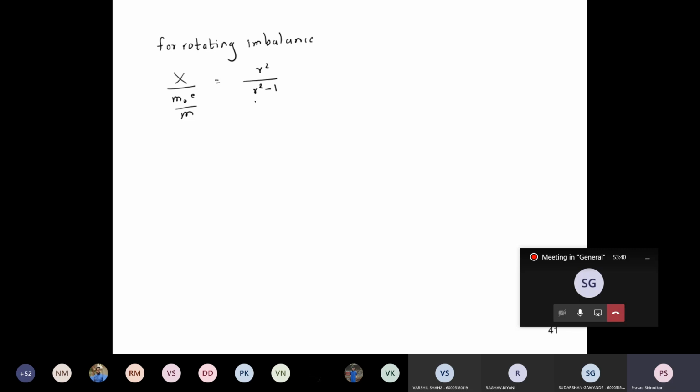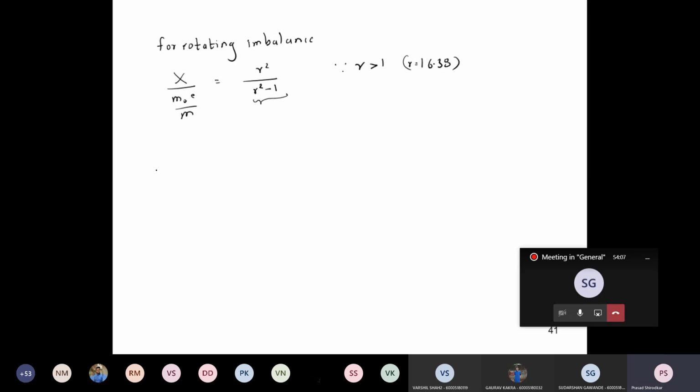I have written this as r square minus 1, not 1 minus r square, because r is greater than 1. In our case r is 16.38. Since it is greater than 1, write the equation in this format. So substitute all these values.